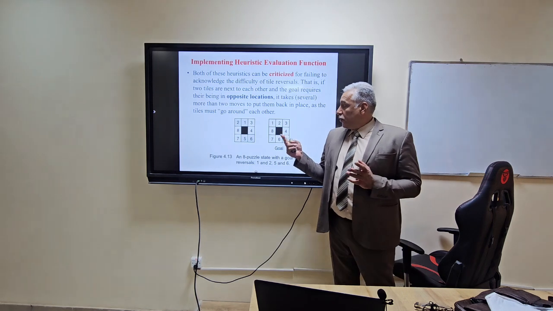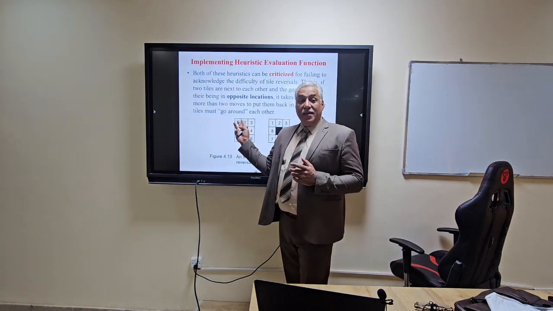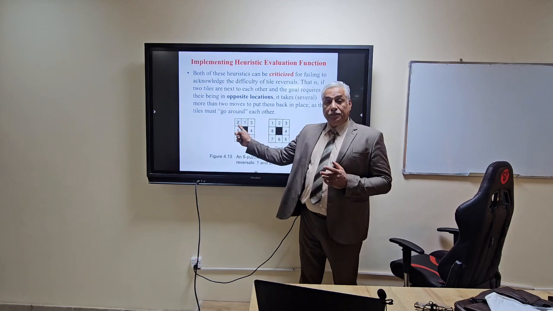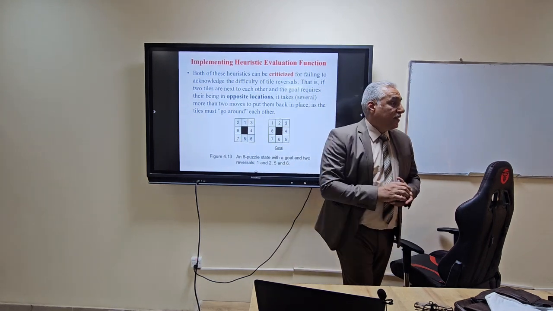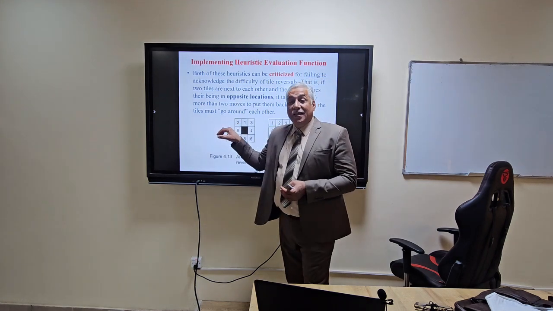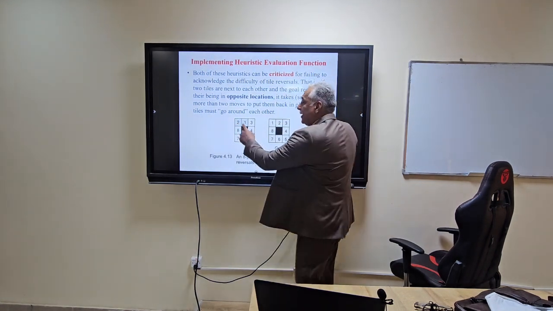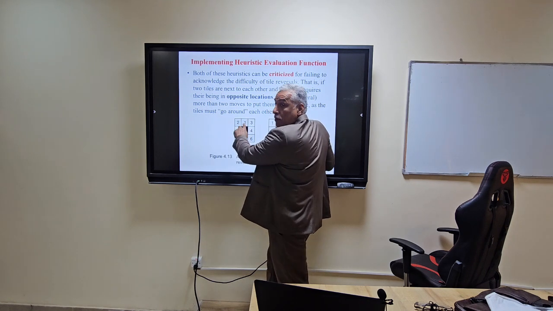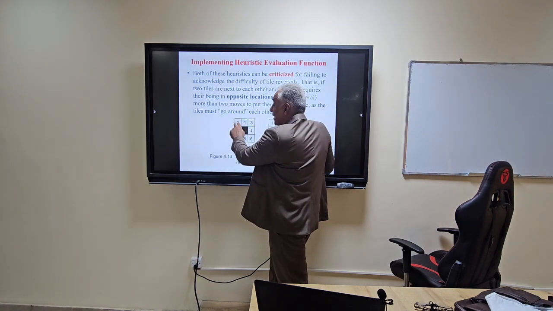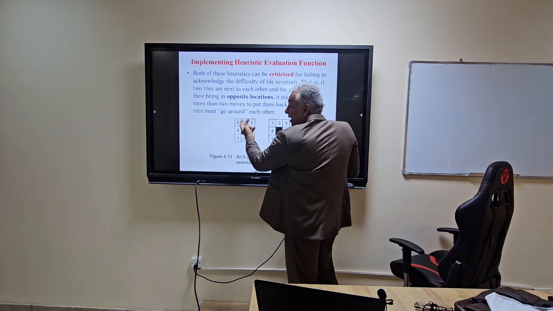When there are 2 tiles, for example like this, each one occurs in the place that belongs to the other one. For example, here must be 1 and here must be 2, but here I found 2 and here is 1. I must exchange them.